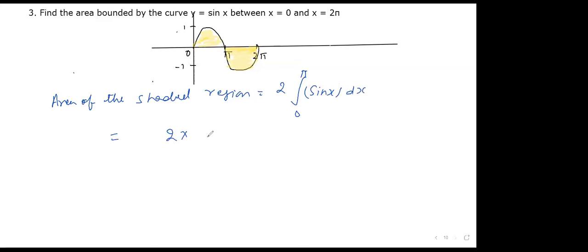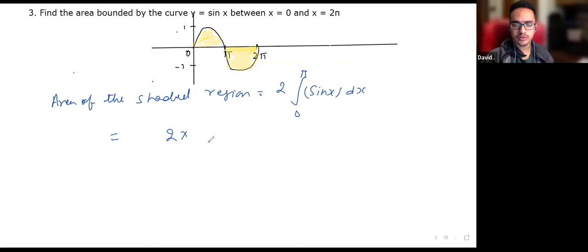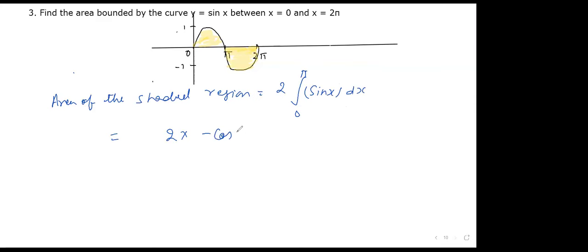What is the integral of sine x? Minus cos x, with limits from 0 to pi. So 2 times minus cos pi minus minus cos 0.